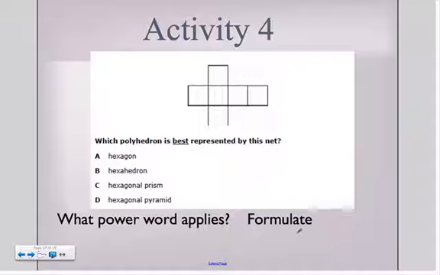Now, a lot of you may have actually put evaluate, because that was one of the statements that had a math connection, and evaluate is very common in math, but formulate is as well. Notice that we had to come up with a construction of how this net can come together to create what shape. So that's formulating something, formulating a conclusion. So not bad if you said evaluate too.